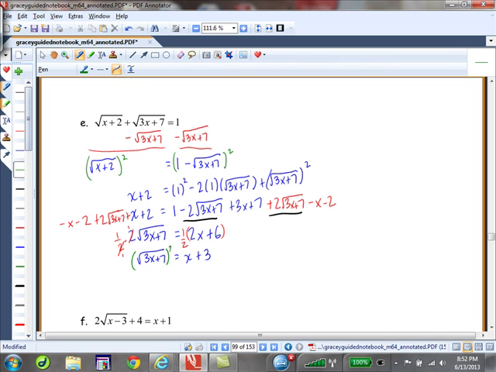Squaring both sides, so now it just becomes another radical problem. I'll get 3x plus 7 is equal to x squared plus 2 times x times 3 plus 3 squared. 3x plus 7 is x squared plus 6x's plus 9.